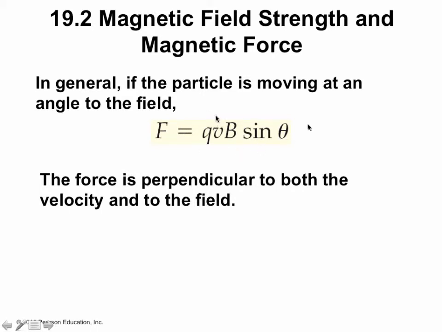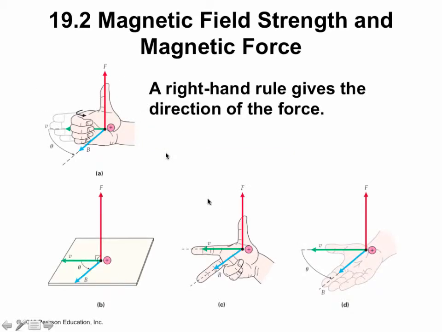We'll do a couple of homework problems on that, and that'll make more sense when we get to those. But the force is always perpendicular to both the velocity and to the field. That's why there's a curling motion. We are going to use the right-hand rule to give us the direction of the force.